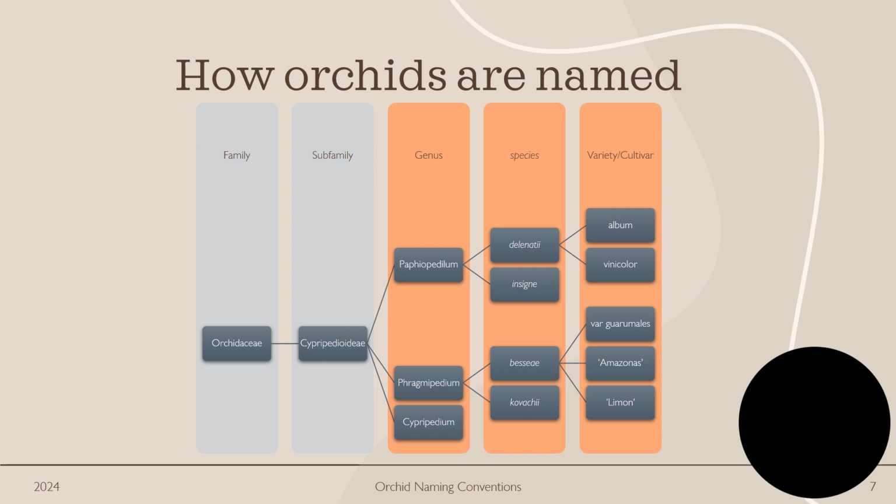Vinicolor is another cultivar where the petals have a reddish tinge and the pouch is pink. And you'll see as well there are varieties and cultivars named there for besseae as well. There are of course varieties and cultivars for kovachii because species have within them a wide variety of variation.